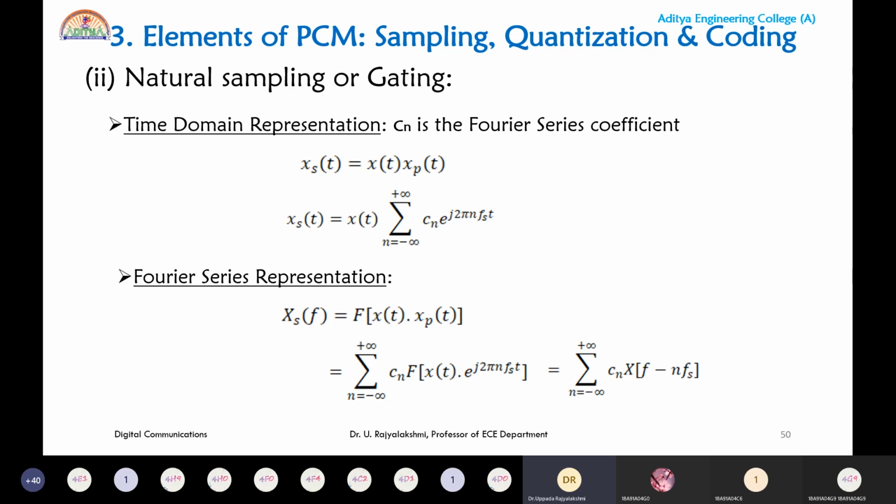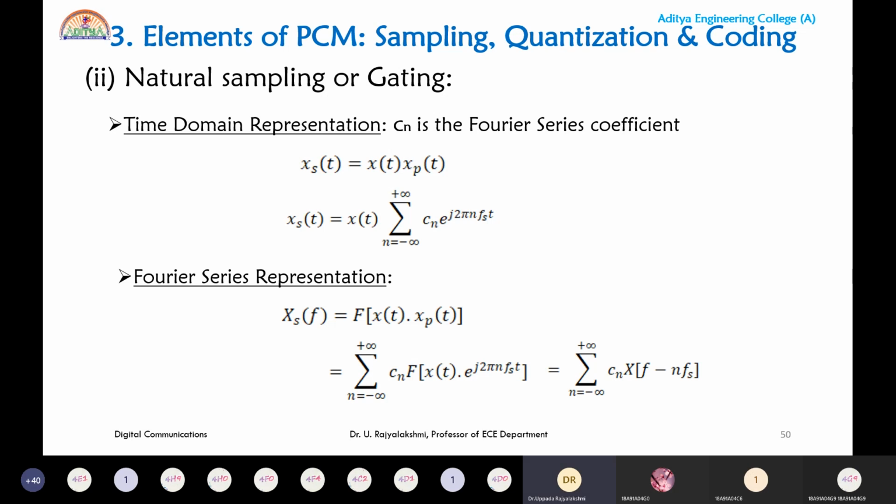You can represent that as a Fourier series: summation from minus infinity to plus infinity of Cn into e power j 2 pi n fs t, where Cn is the Fourier series coefficient. Okay, this is the time domain description.